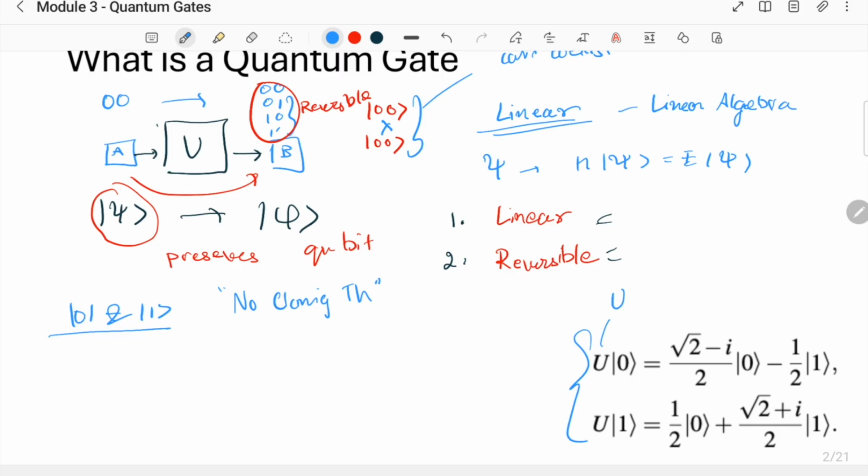So to determine what any quantum gate will do to a particular quantum state, let's say we have a particular quantum state psi, which we represent like this, because it is in a superposition of our basis vectors 0 and 1.